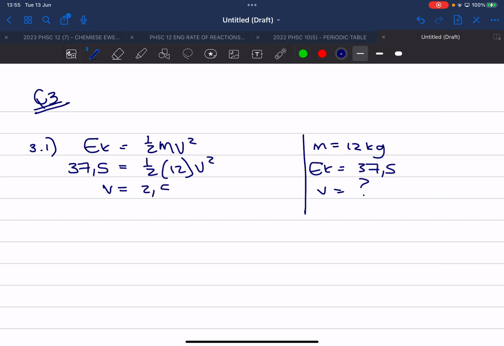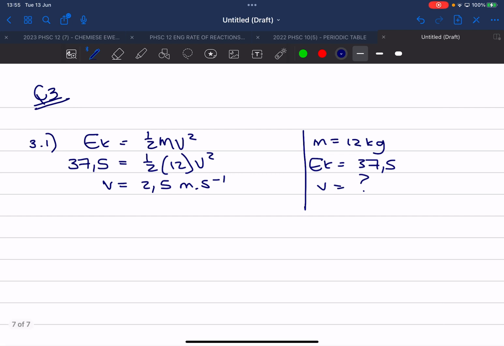En jy kry 2,5 meter per sekonde. And they ask for the speed. Speed in Afrikaans is spoed. Dis nie 'n vektor, dis 'n skalaar. So you do not have to give a direction. But if you had to give a direction, that would have been to the right.